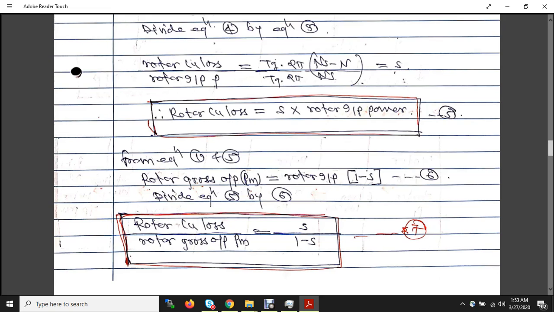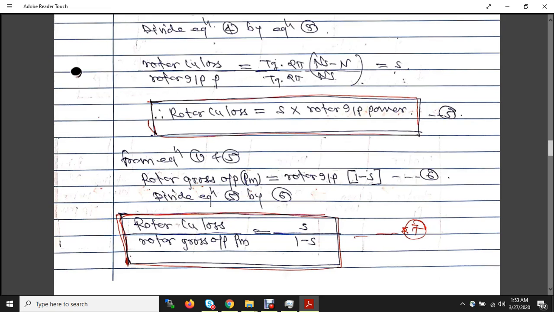So rotor CU loss upon rotor gross output equal to S upon 1 minus S. Now how to remember this? We know the rotor CU loss is directly proportional to S into rotor input, so it should be S at the numerator, and rotor gross output equal to 1 minus S into rotor input, so it should be 1 minus S at the denominator. If you reverse this, obviously it will be this.